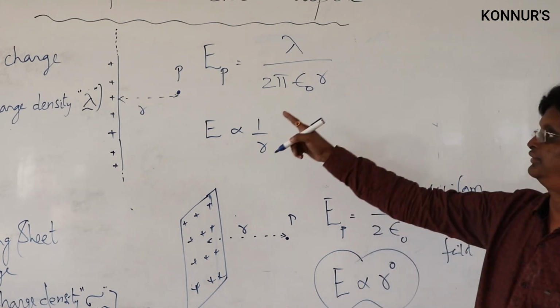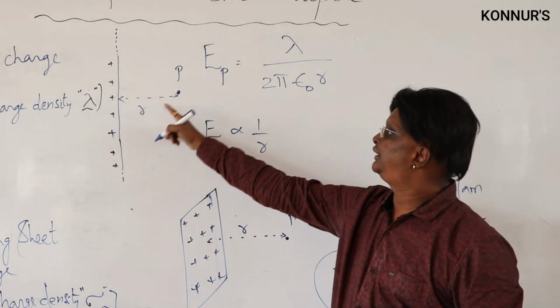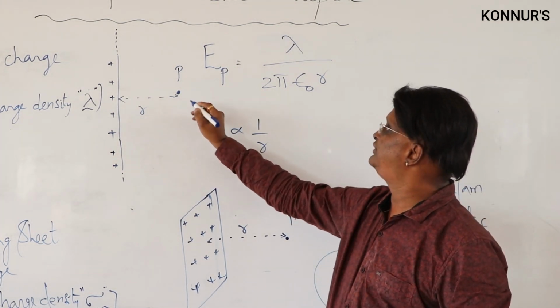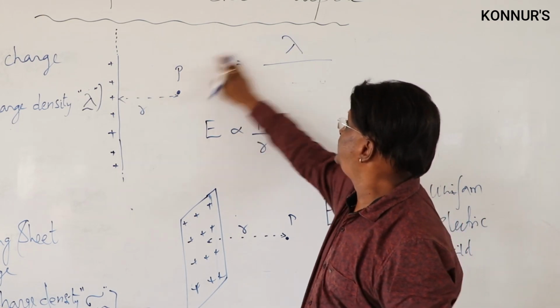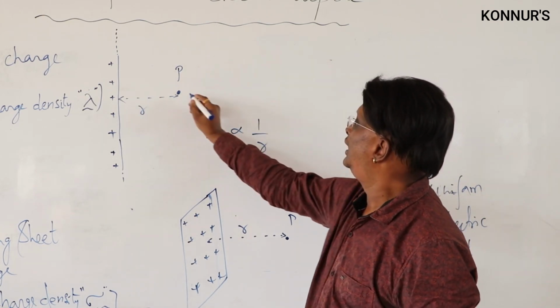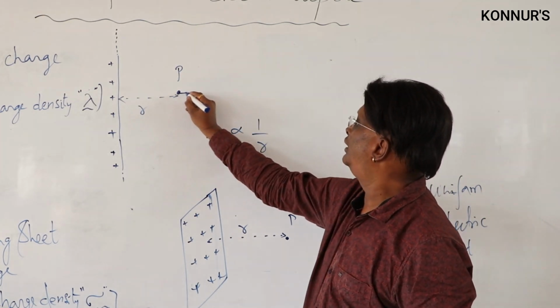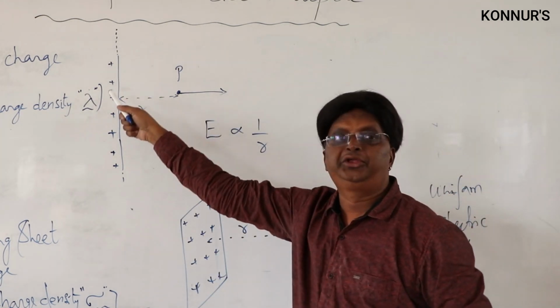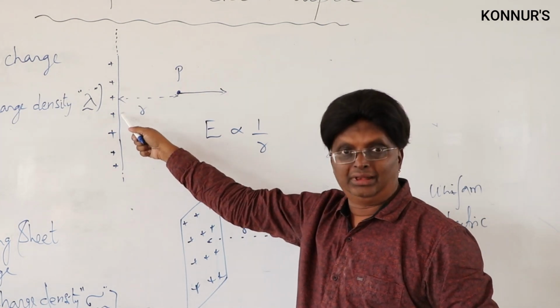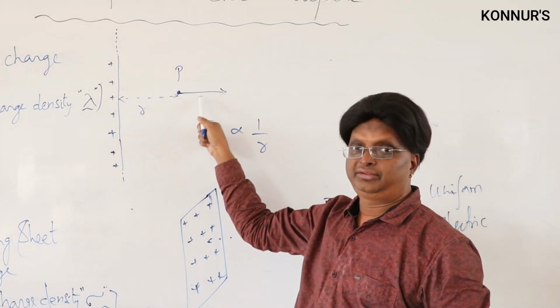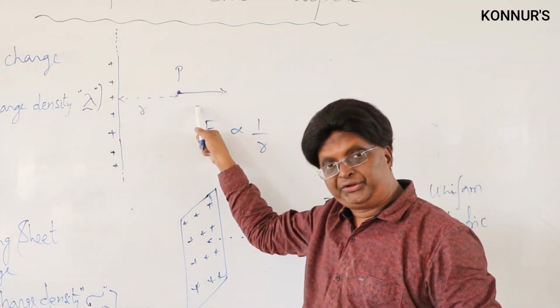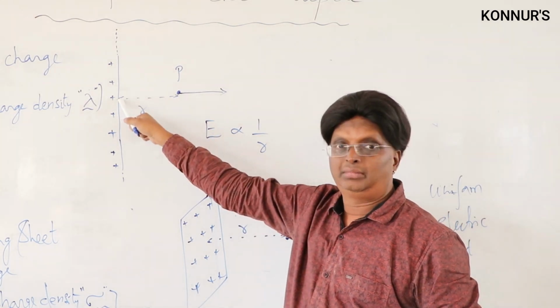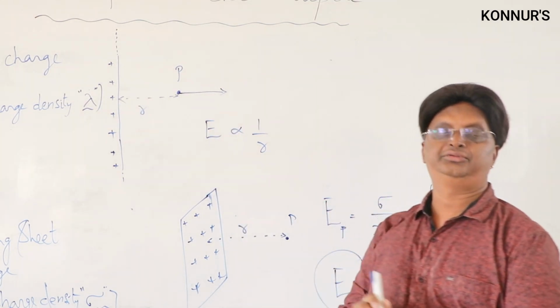Now here in this case, if it is the point P at a distance r, the intensity vector I will show here as a vector like this. If it is a positively charged line, I am writing it as a vector normal to the line and away from the positive charge.